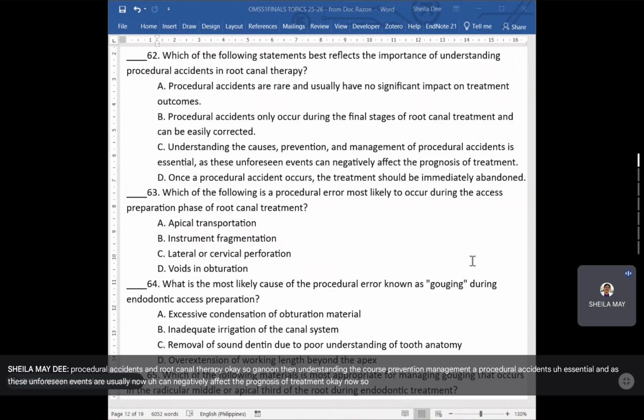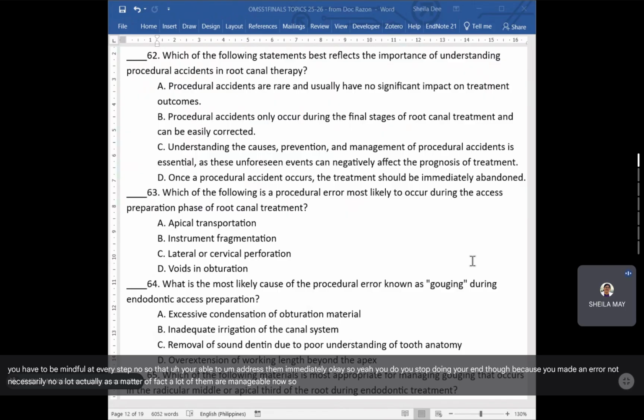While accidents or errors can happen at any point during your treatment, you need to be mindful at every step so that you're able to address them immediately. Do you stop doing your endo because you made an error? Not necessarily.